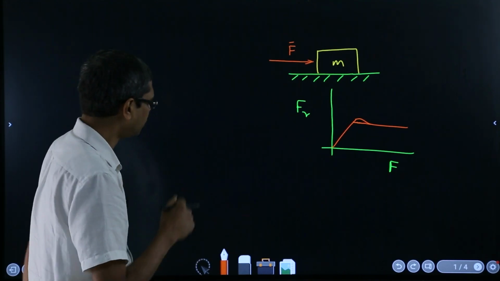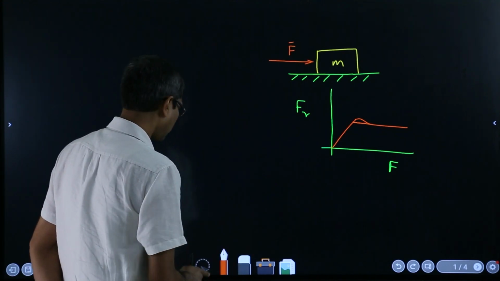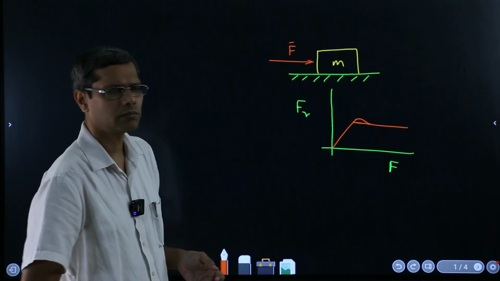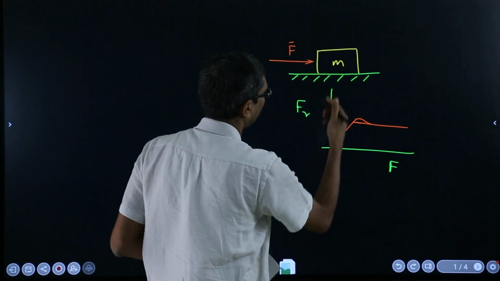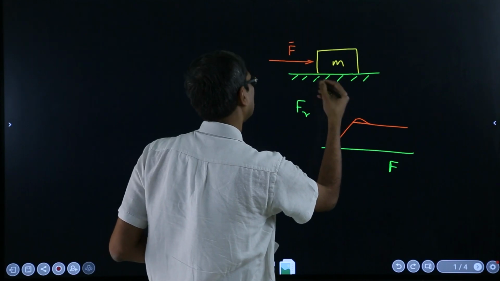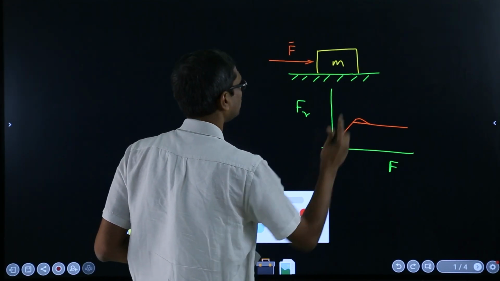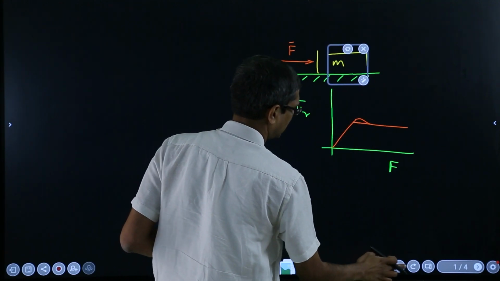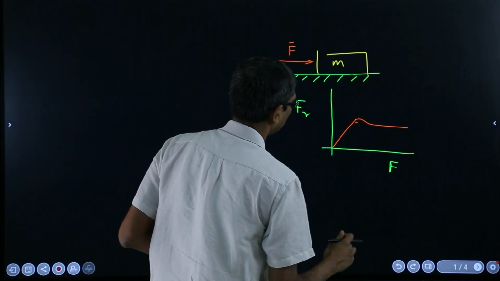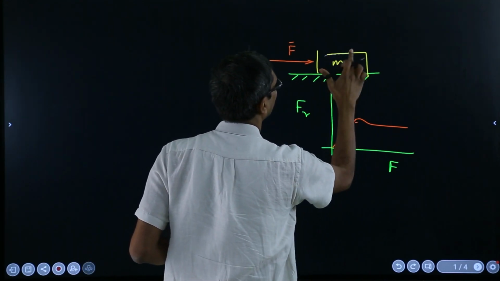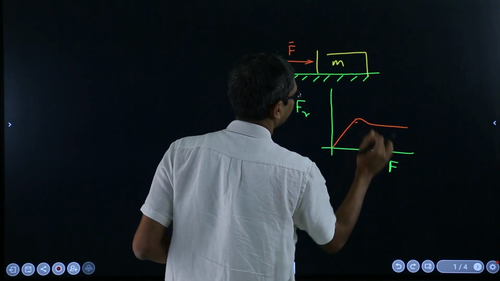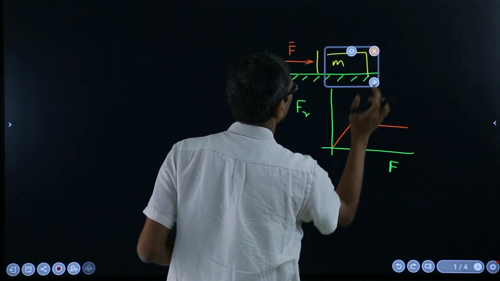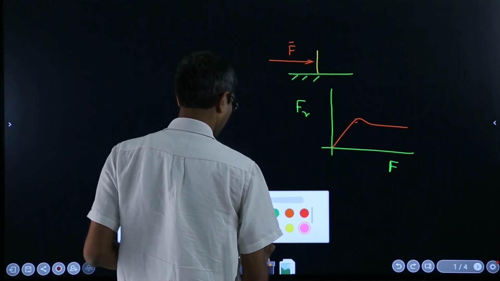Now when you think about this, students generally have a tendency, which is not wrong, of thinking in this way: that there is a normal reaction. Let me draw it again.